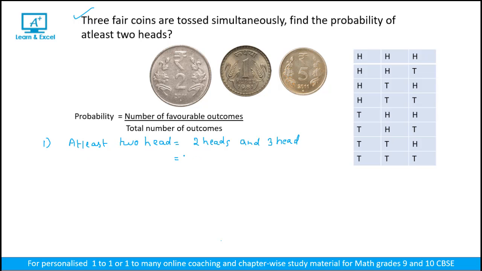The favorable outcomes will be HHT, HTH, THH, and for 3 heads it will be HHH. So our favorable outcomes will be 4. The number of favorable outcomes is 4 and the total number of outcomes is 8. So the probability is going to be 1 upon 2.